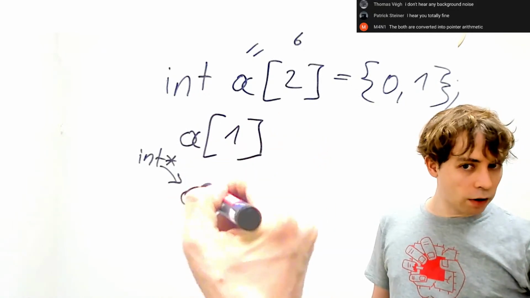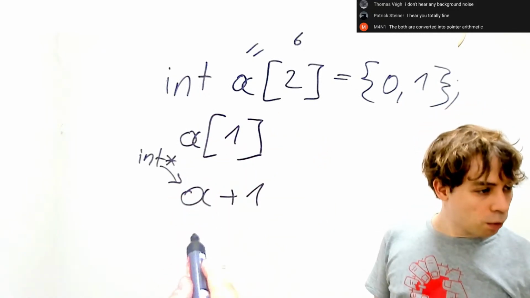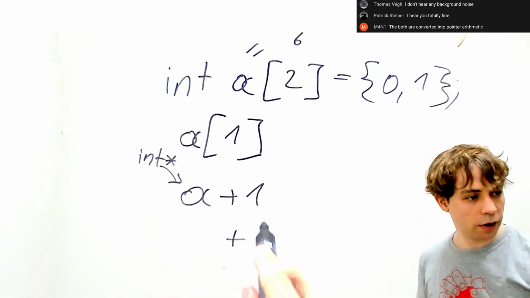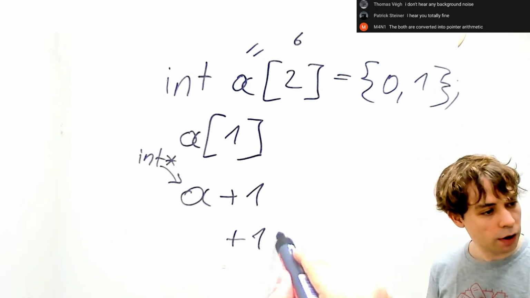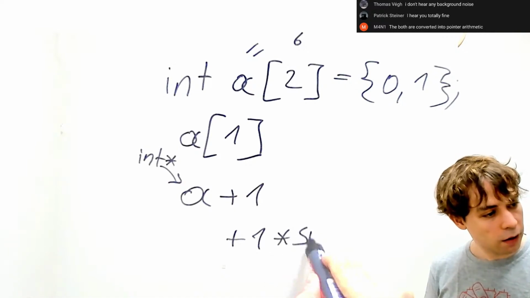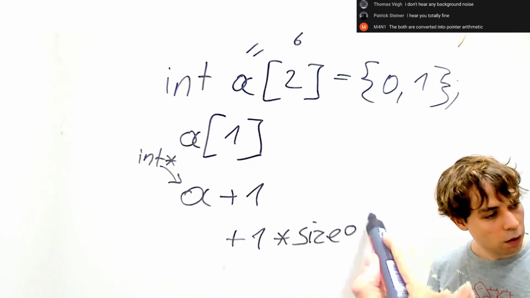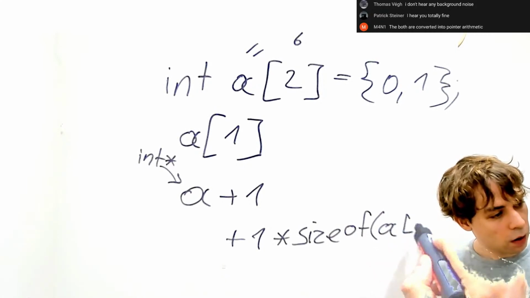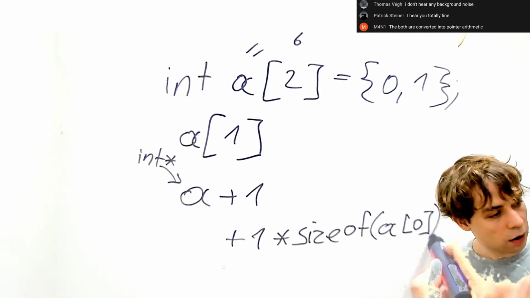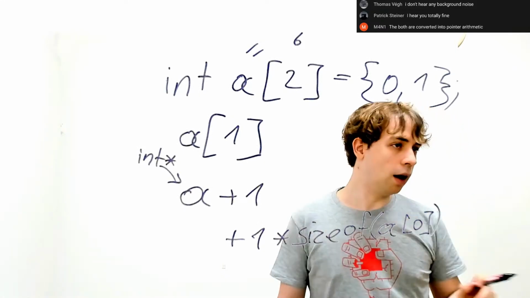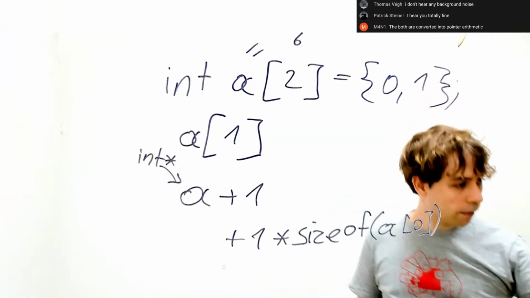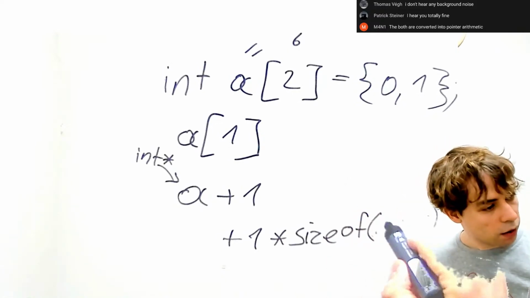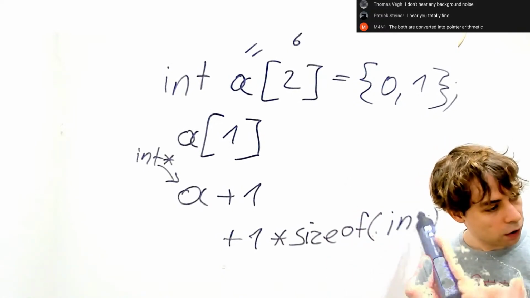So if we resolve this, as soon as we insert this number for A, we would have to also resolve the plus operation, because this is pointer arithmetic, and at this point we would have 1 times size of A at offset 0 to get the data type of A, and that's the same as size of int in this case.